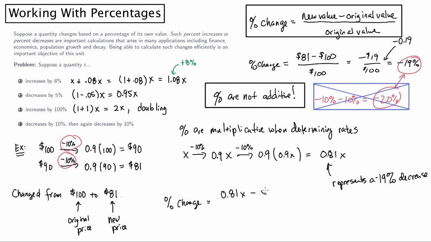My old value, well, I started with x, and you see that what you end up with here is negative 0.19x over x, which is negative 0.19, or minus 19%. So regardless of how you want to do this, whether you want to use the multiplier method like I did here, or whether you want to pick a specific value like I did here, I just pulled 100 out of the air, you're going to end up with the same answer. It doesn't matter the amount of money you start with, the overall percentage change will be the same.